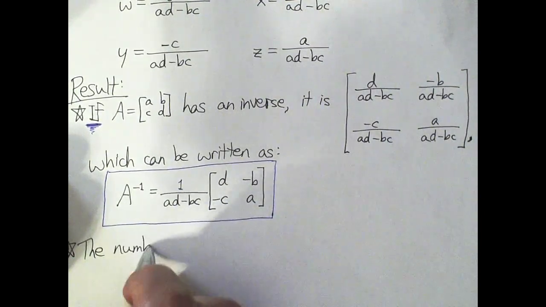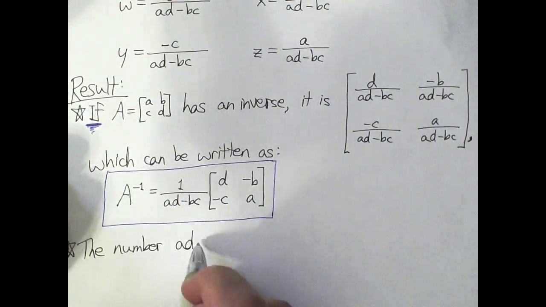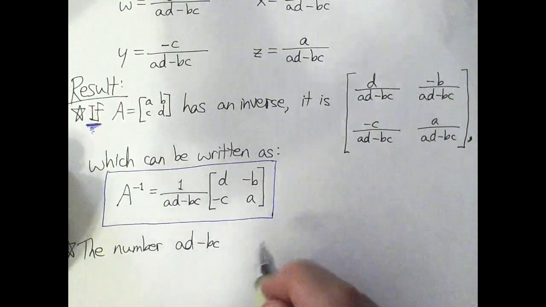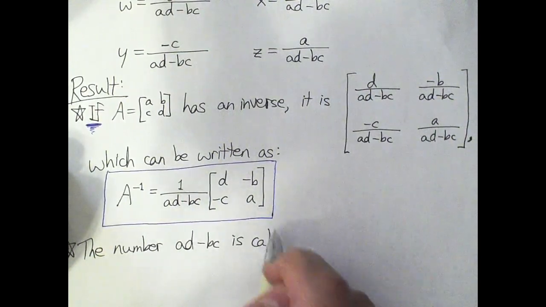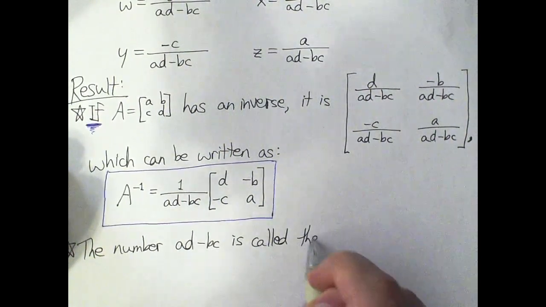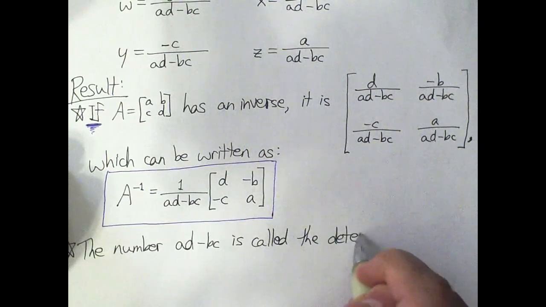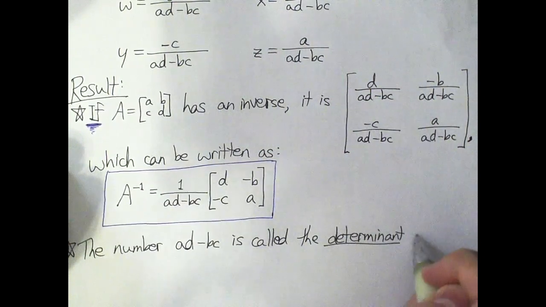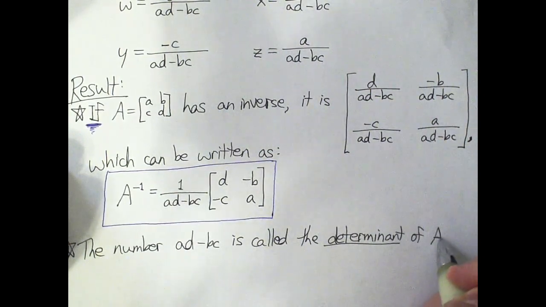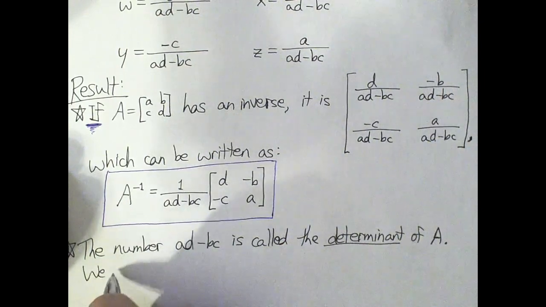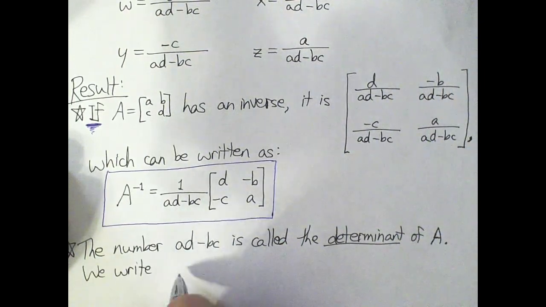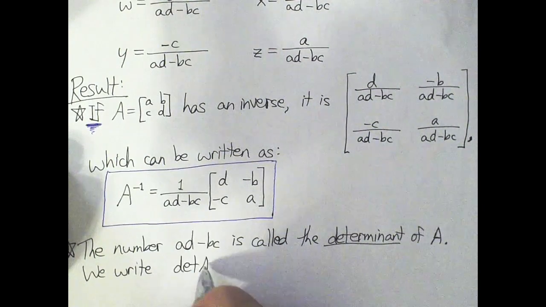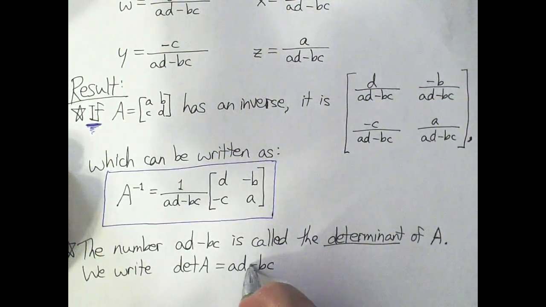The number AD minus BC is called the determinant of A. We write det A equals AD minus BC.